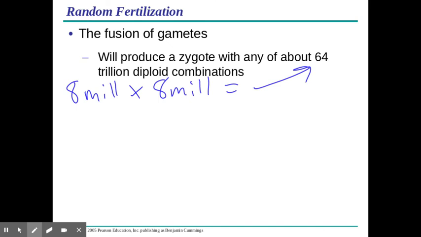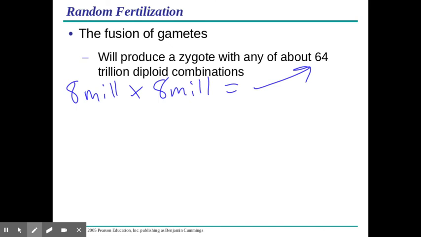So huge numbers. Just to review, independent assortment of homologous chromosomes during meiosis 1 is the first thing that can create variation, and that created 8 million different possibilities: 2 to the haploid number, which for humans is 2 to the 23rd, over 8 million different possibilities.